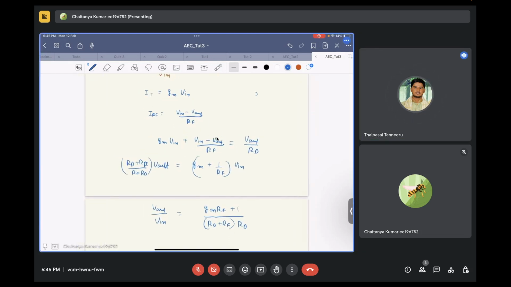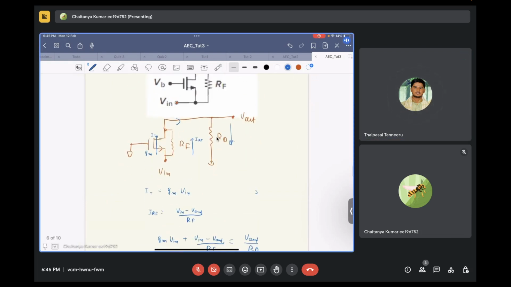This is basically your Vout by Vin, correct? Now, tell me what will be the looking-in resistance from this node, Rout. You know the Vout now.